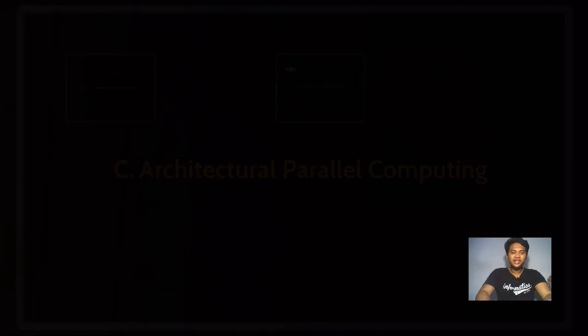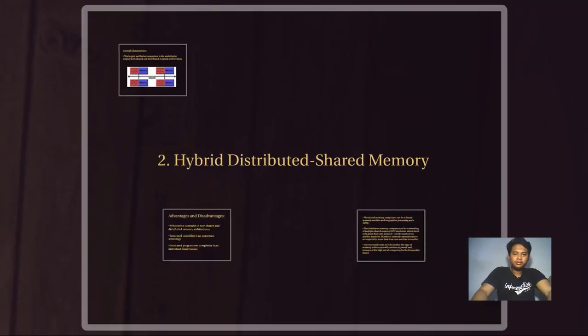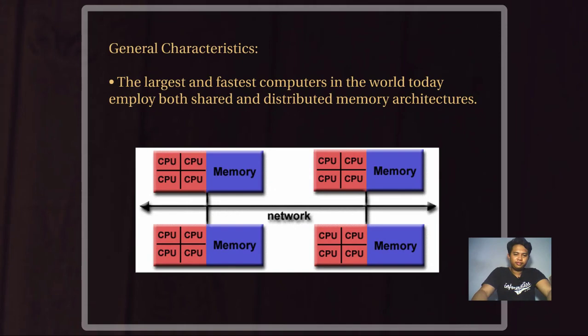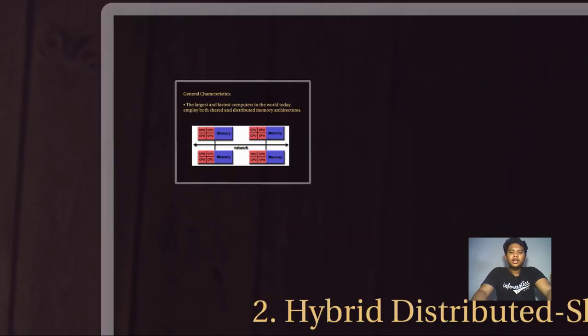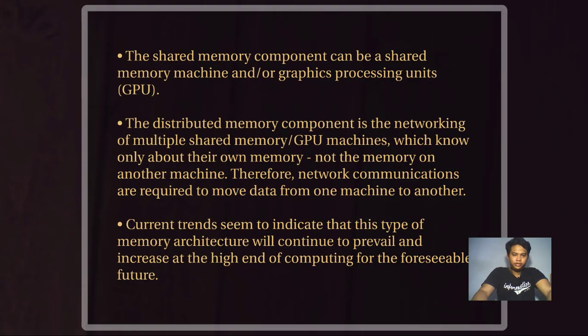C. Architectural parallel computing. Hybrid distributed-shared memory. General characteristics: the largest and fastest computers in the world today employ both shared and distributed memory architectures. The shared memory component can be a shared memory machine and/or graphics processing units, or GPUs.